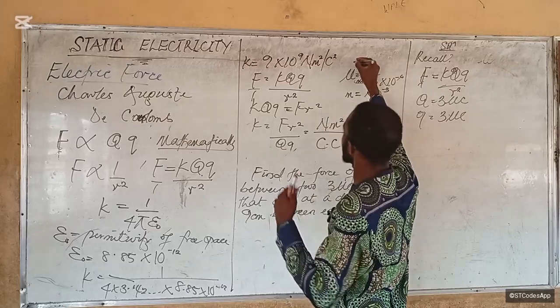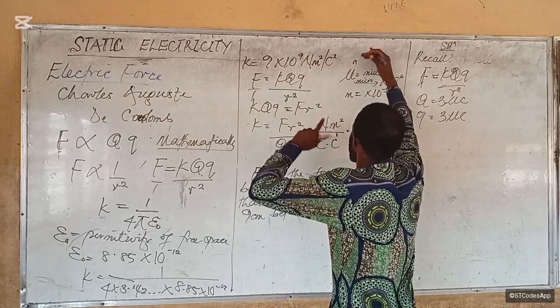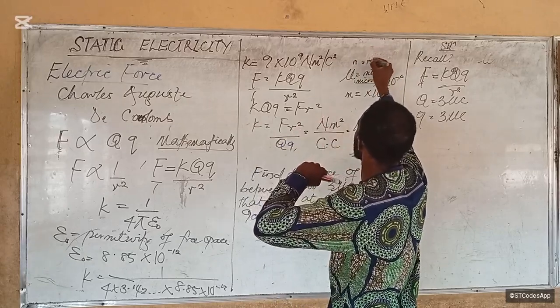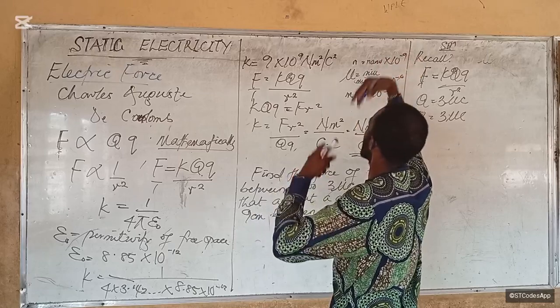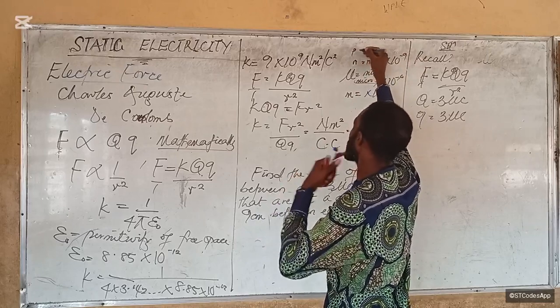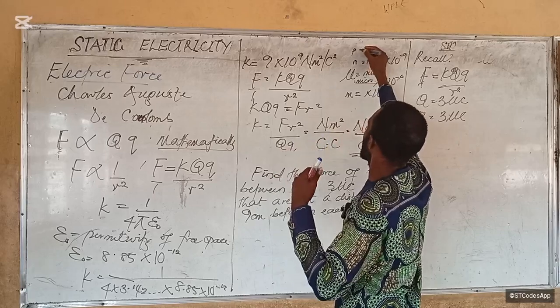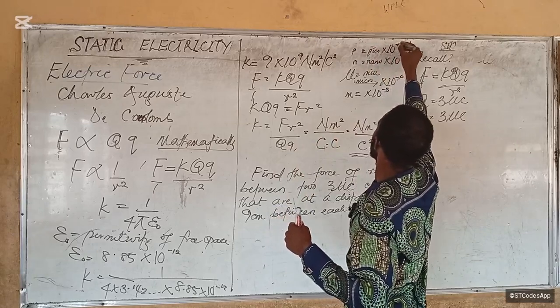Another one, if you go down again, we have nano. Nano means times 10 raised to the power minus 9. Down again, you're going to have another one, which is pico, and we continue like that. Pico is going to be times 10 raised to the power minus 12.